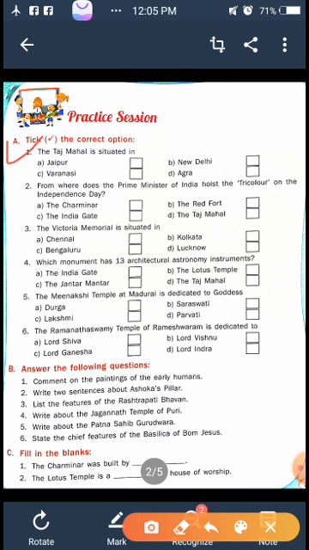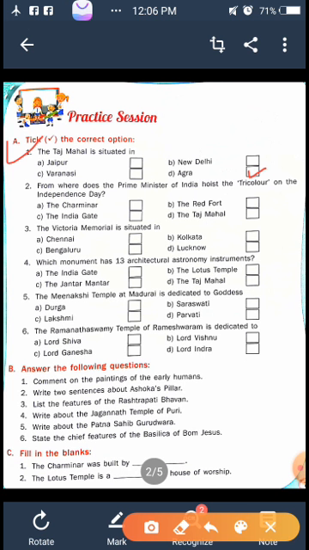Which one is the correct option? That is D. Agra. The Taj Mahal is situated in Agra.